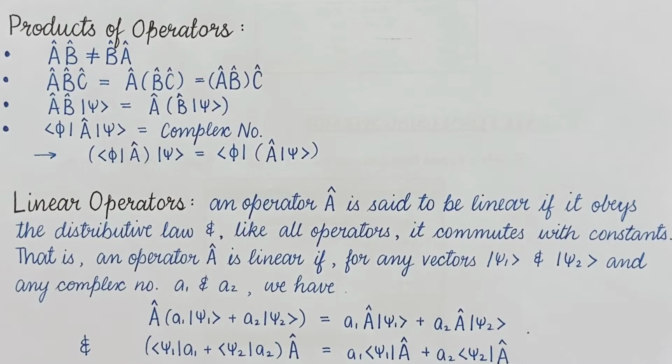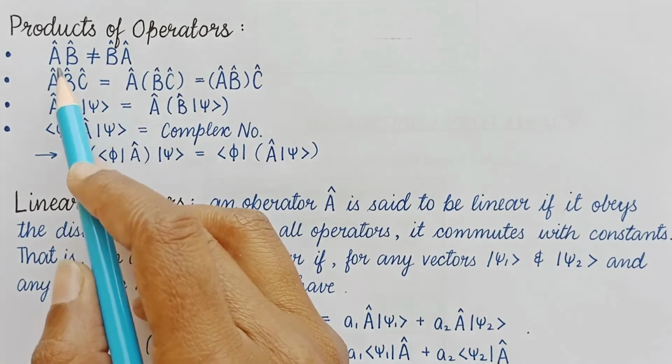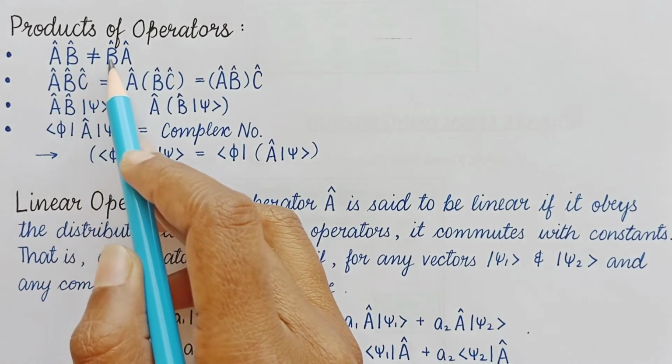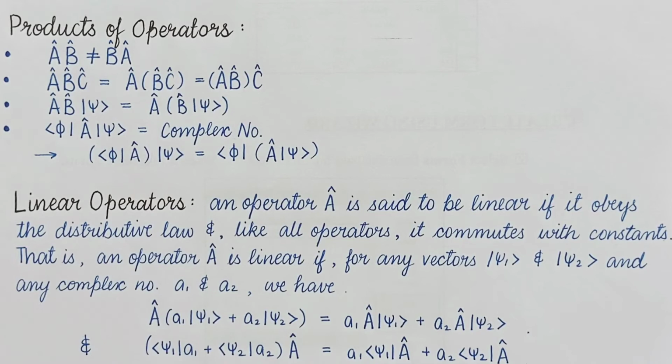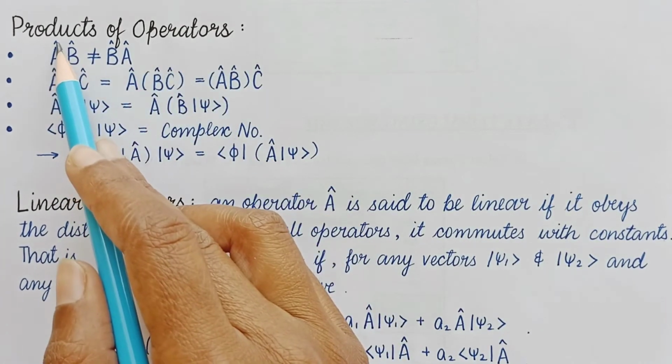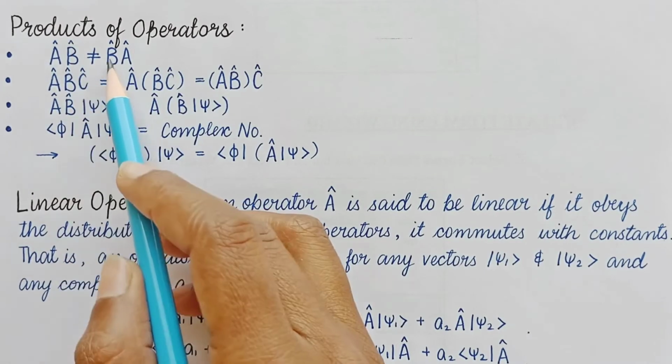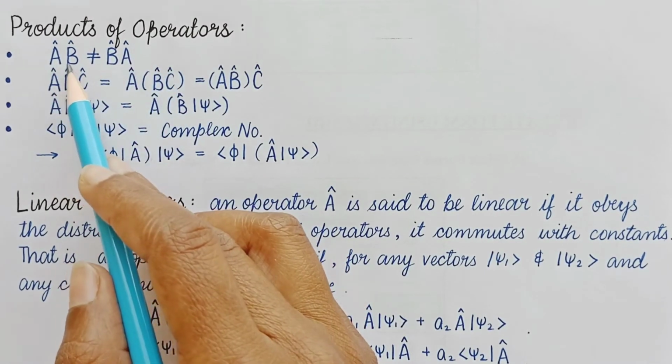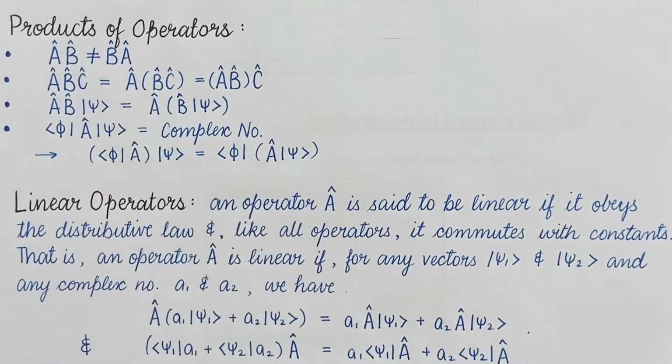Now moving to the products of the operators. The product of two operators is generally not commutative. Means AB is not equal to BA, right? If we do the product of the two operators, that is operator A and operator B, it is not commutative, means AB is not equal to BA.